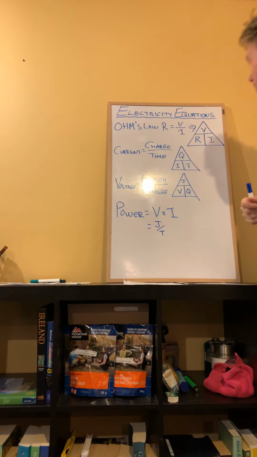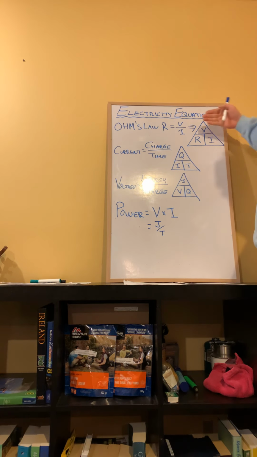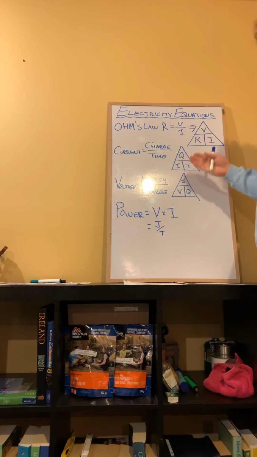If you're asked to find voltage and you're given resistance and current, you would cover up voltage and you're left with resistance multiplied by current. That's how these triangles work.